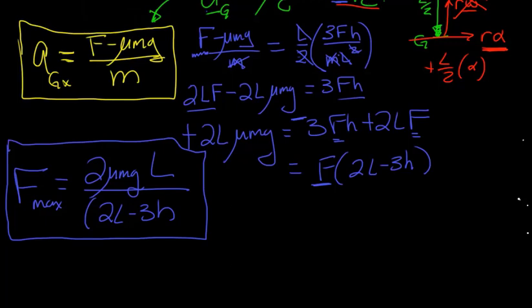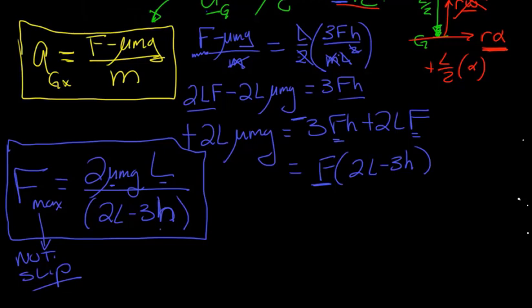And that's the maximum force to not slip. And it's a function of mu, of L and mg, and also the location where we decide to impact this thing. They all play a role in that value.